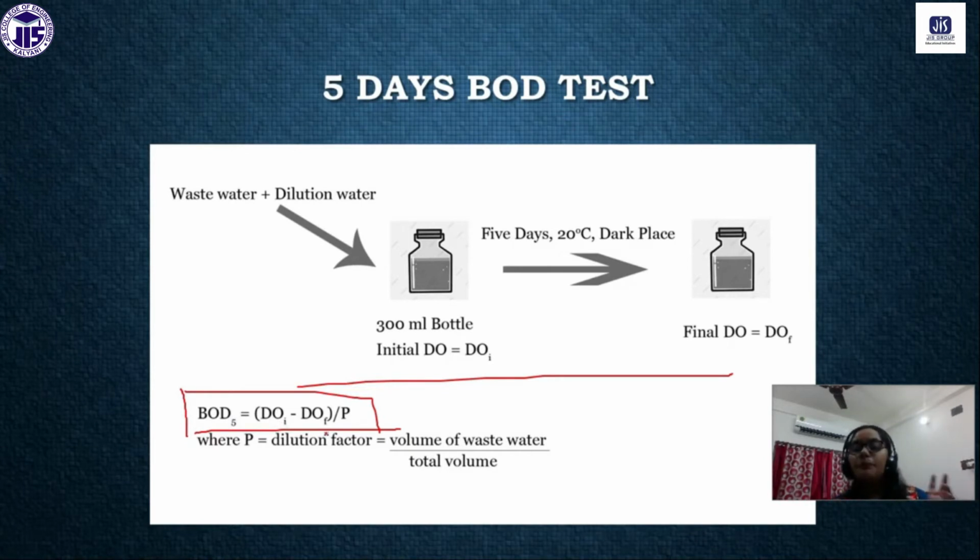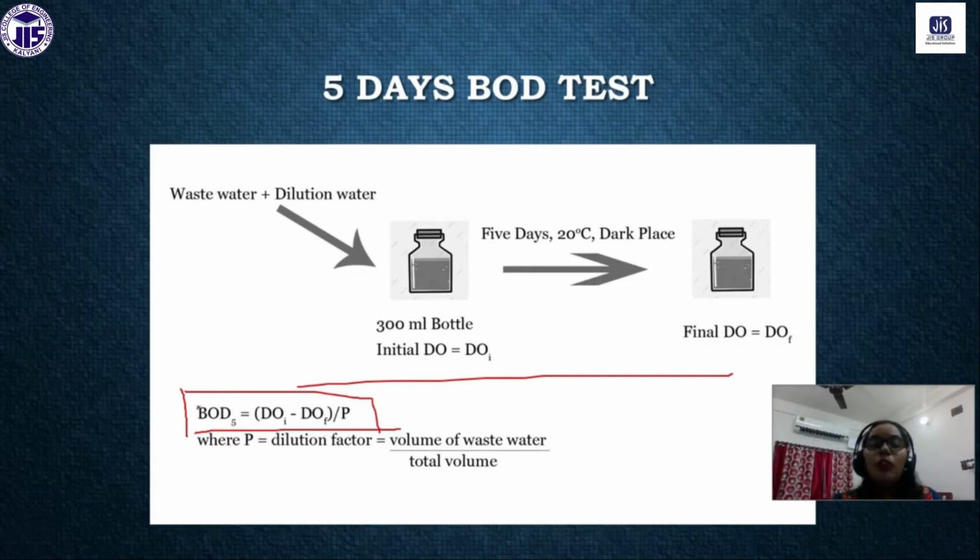What is BOD? BOD is the amount of oxygen that is consumed during the reaction. So you know the initial value of the dissolved oxygen in your water sample, and now you know the final value. So if we do initial minus final, that will give you the BOD.